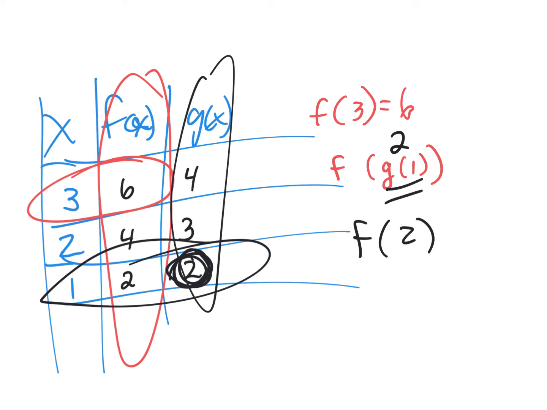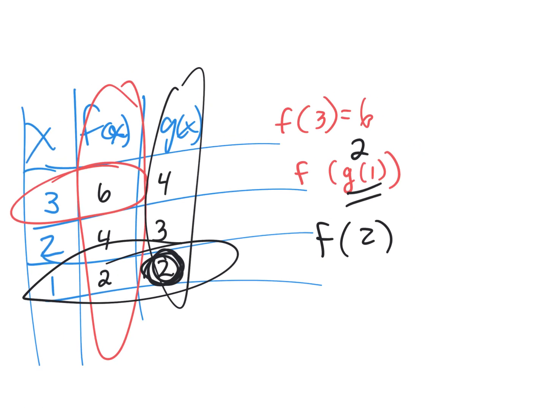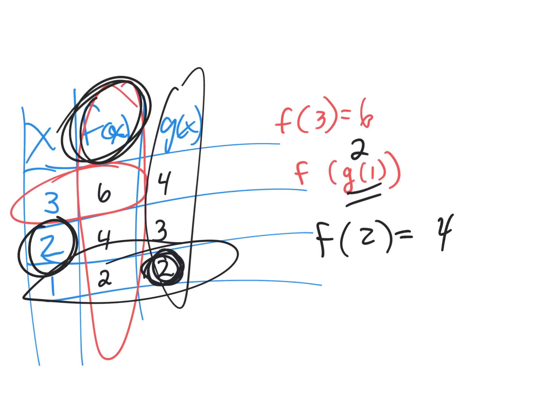Kai, f of 2 then. It's 4. Here's f of 2, and they overlap right here at 4. So it's 4. Sweet. There's the answer. I'm done. F of 2 is 4, and the answer is 4. Raise your hand if you had that. All right, you guys are catching this, no problem.